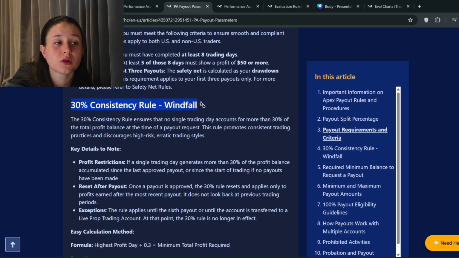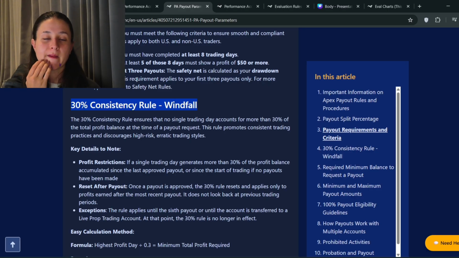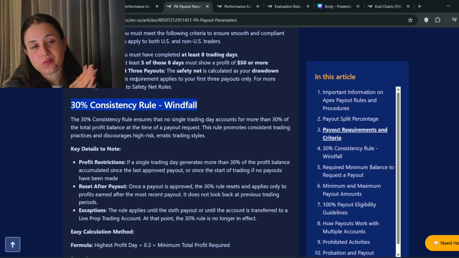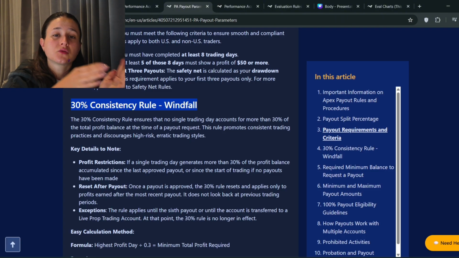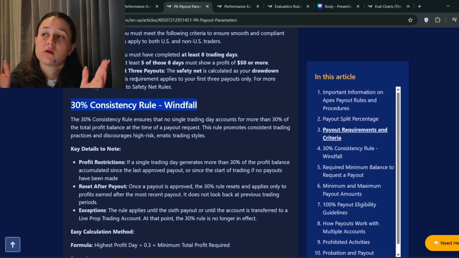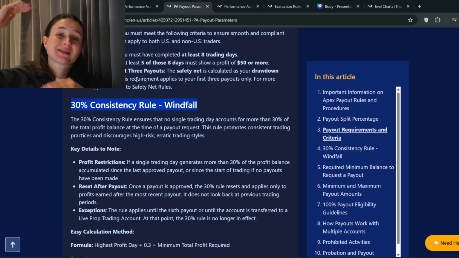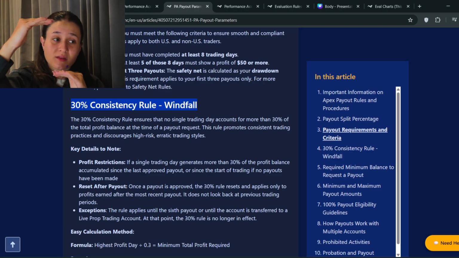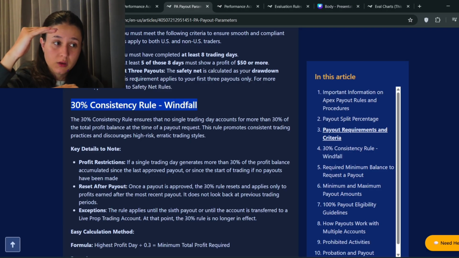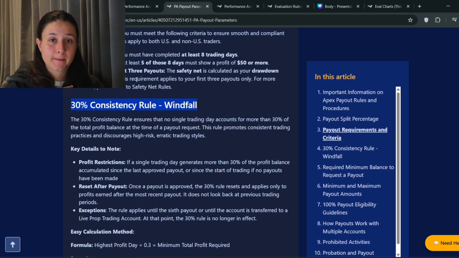30% consistency rule, the windfall. So you make 10,000, okay, you make 10,000 and you are making 100, 200, 300, and then you made 7,000 in one day. That is breaking the 30% rule.